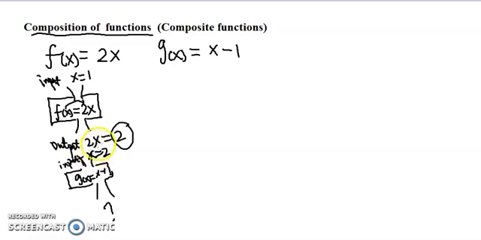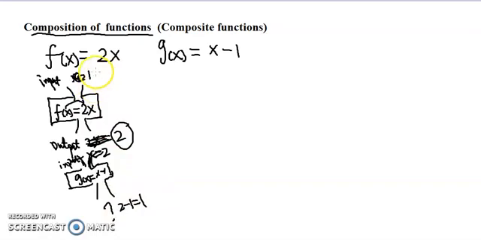Notice this x and that x are different. When 1 replaces x, we get 2, because 2 times 1 is 2. Then we put 2 in here, and this number 2 replaces the x in the g function. So we get 2 minus 1, which gives us 1 as output.